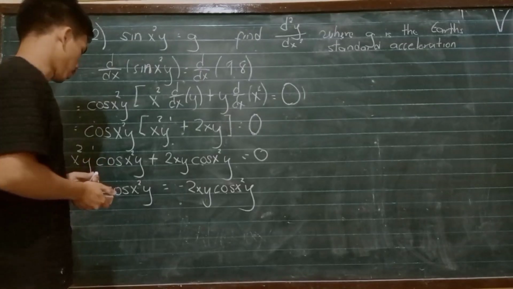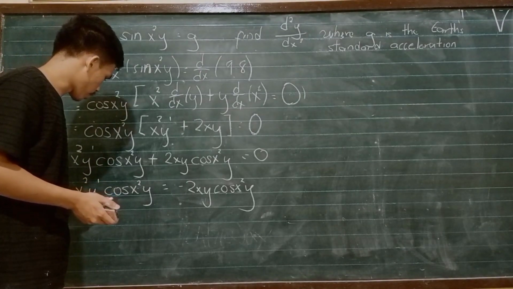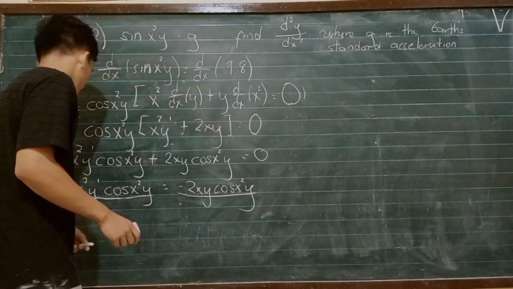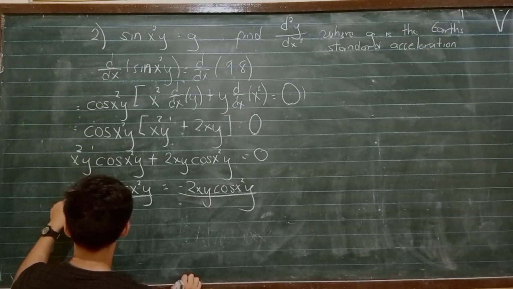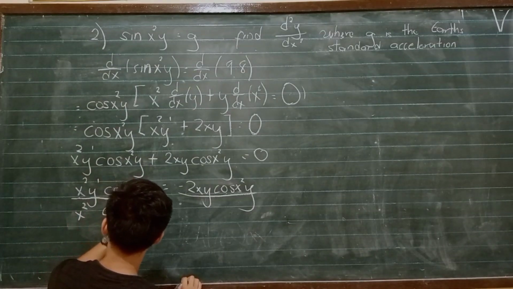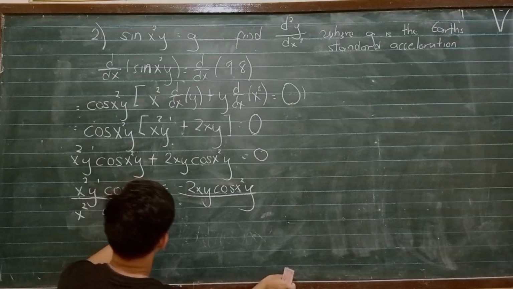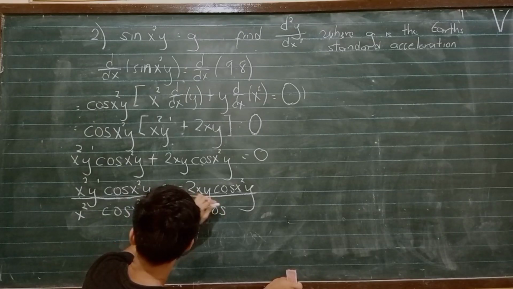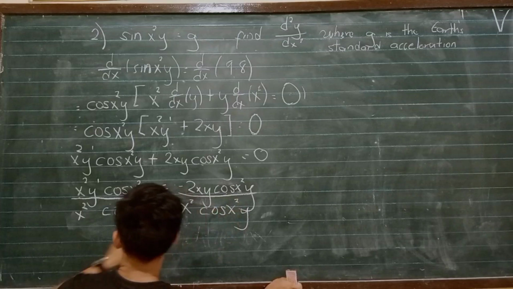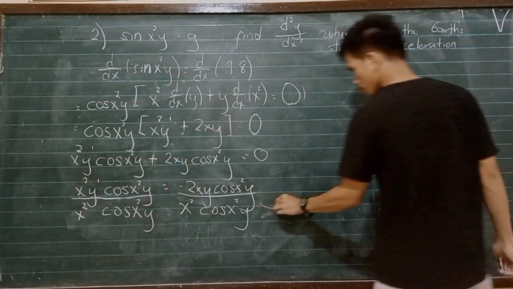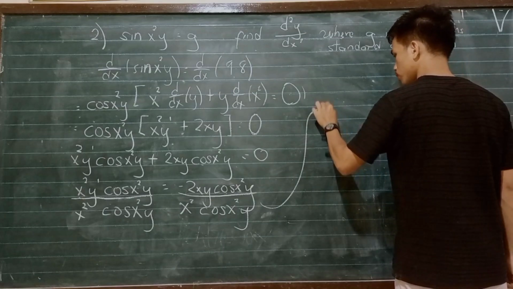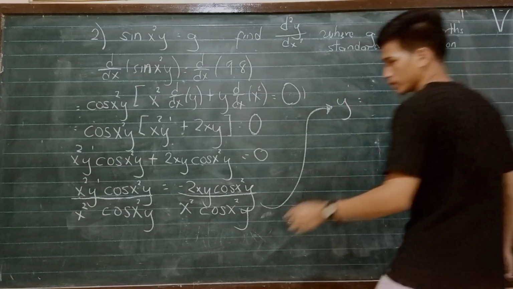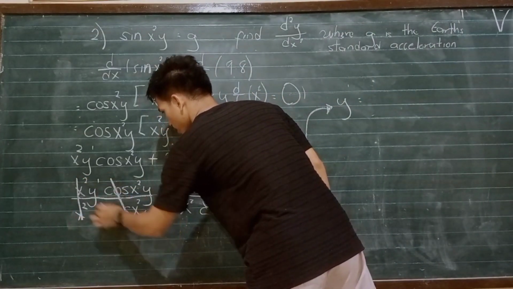Also, as we did in number 1, in order for us to cancel out all of these and the remainder will be y prime, we need to divide by x squared cosine x squared y. This will result to y prime equal to, cancel out, this will remain.